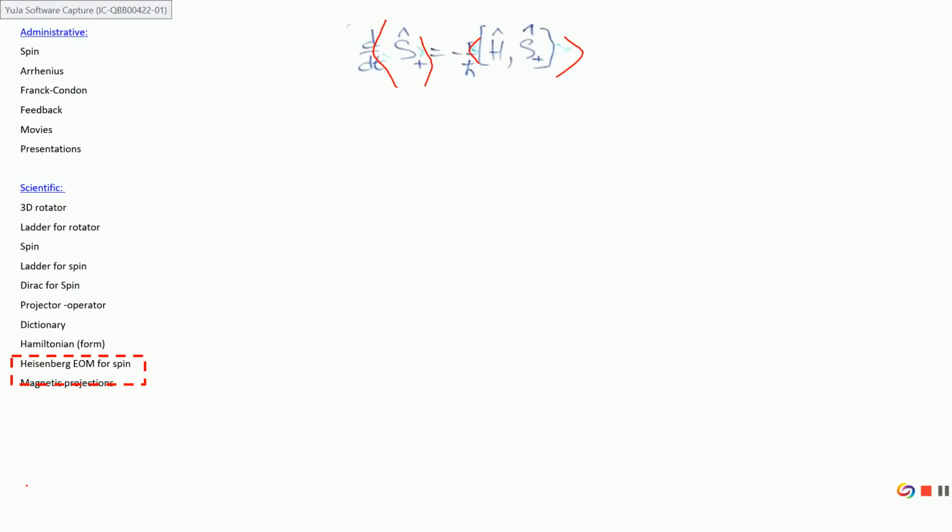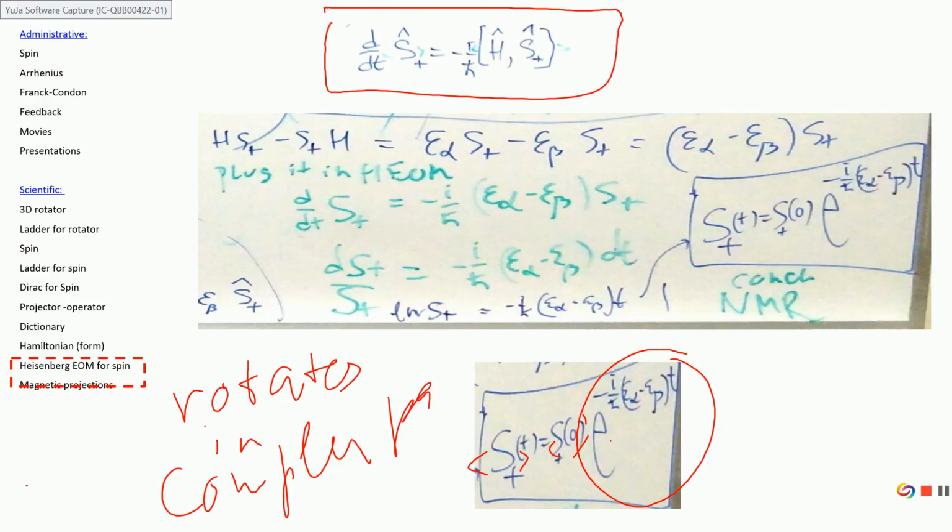Okay, 10 minutes before that, if we start. So how does one get it? We do the same thing. We do the Heisenberg equation of motion of the creation and annihilation operator with the Hamiltonian. We already know what the creation and annihilation operators for spin are, and we need a Hamiltonian. I believe we did it in the last 30 seconds of the previous meeting, but I'm not sure if anything was left in our memories.